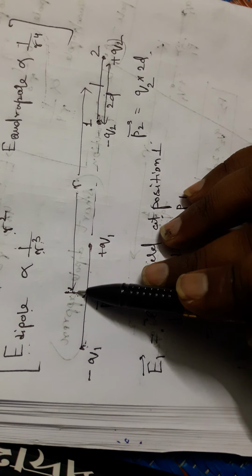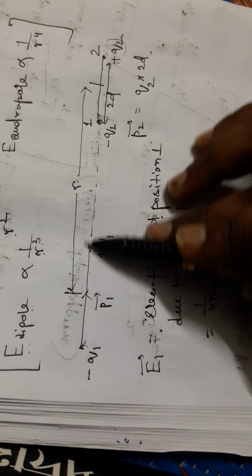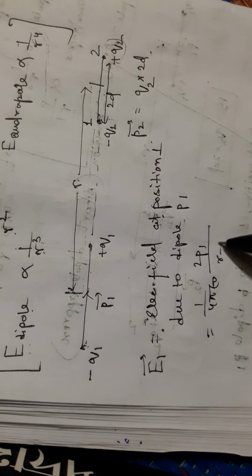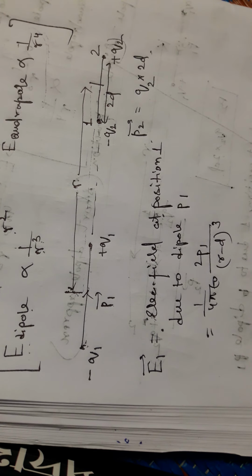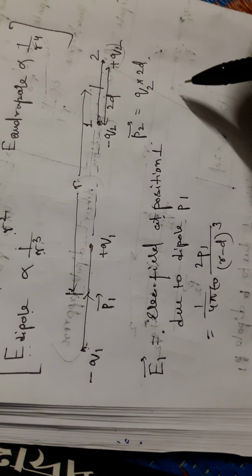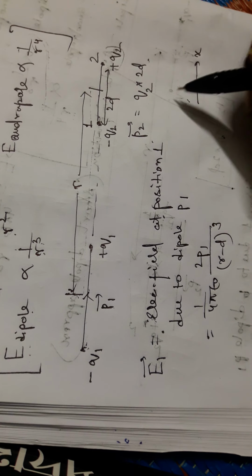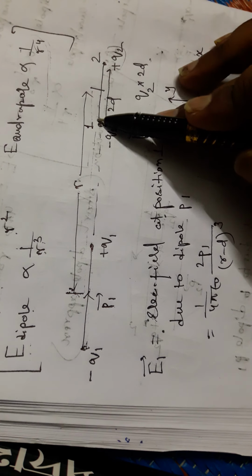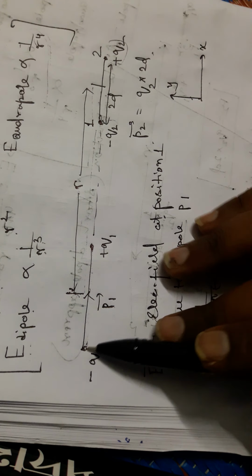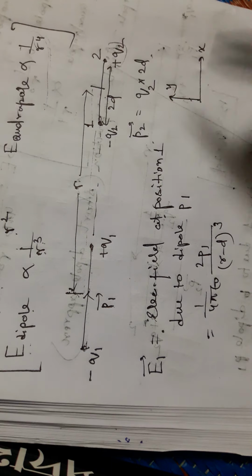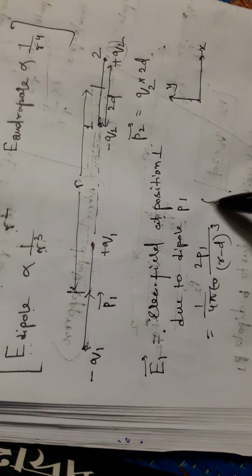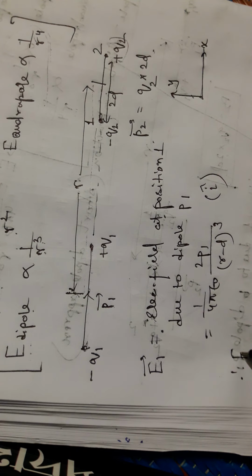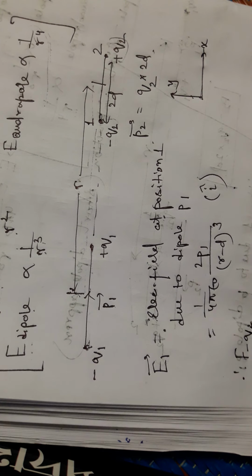The distance of position 1 from this point is r minus d. So r minus d whole cube. And what will be the direction? If I consider this direction to be the x-axis and this direction to be the y-axis, we know that at an axial point, the electric field due to this dipole will be along the dipole, that is along positive x-axis, that is along i cap.